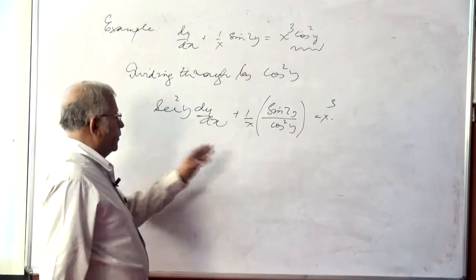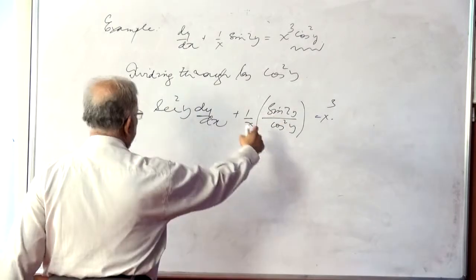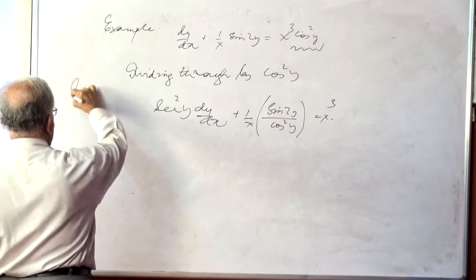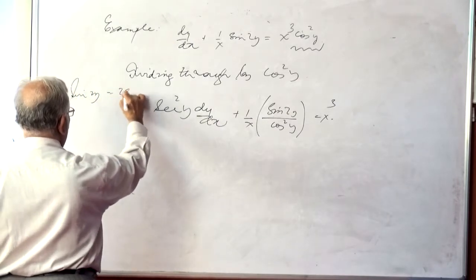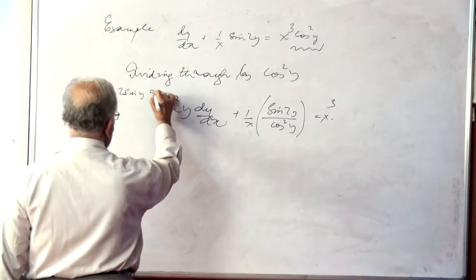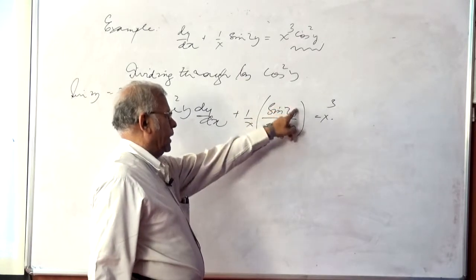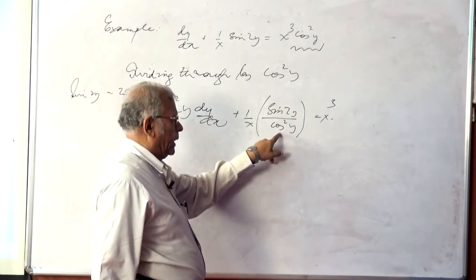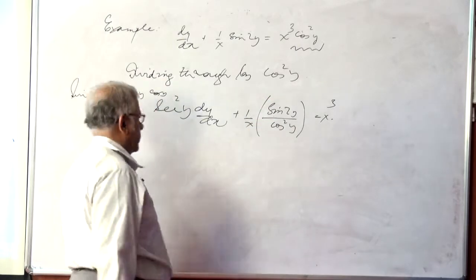Now we need to simplify this sine 2y over cos square y. If one remembers that sine of 2y is 2 sine y cos y, then 1 by x, 2 sine y cos y, 1 cos y will get annihilated and we will be left with 2 tan y.